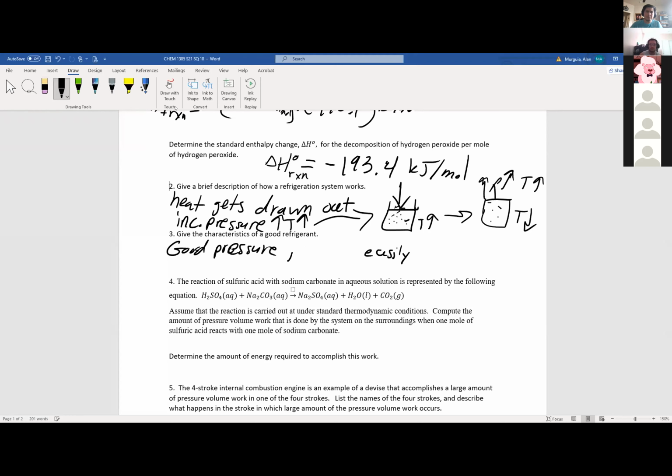Because if it takes too much pressure for a gas to become liquid, it's not going to be good as a refrigerant, meaning it's going to take more energy to make it hotter and then colder for the refrigerator to work. So a gas easily liquefiable.